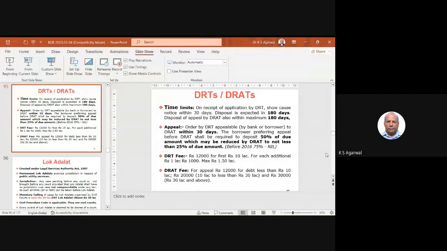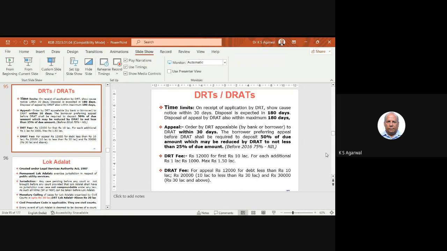So if the borrower has lost his case in DRT and wants to go to DRT in appeal, then he will have to deposit money, and that money will be 50% of the due amount, which if he makes some application to DRT, then DRT can reduce it to not less than 25%.